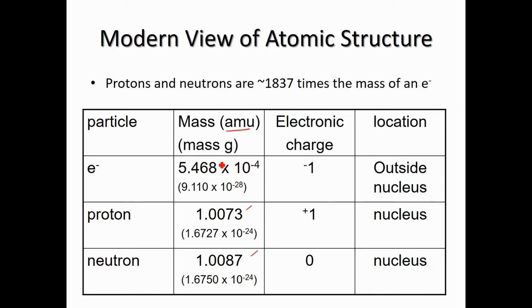Out of these, you still see that the electron is the smallest. The charge of an electron is negative, proton is positive, the neutron is neutral, 0. The protons and the neutrons are found in the nucleus. Electrons are always outside in the shells. Okay, so the protons and neutrons are almost 1800 times the mass of an electron. Electrons are very small.